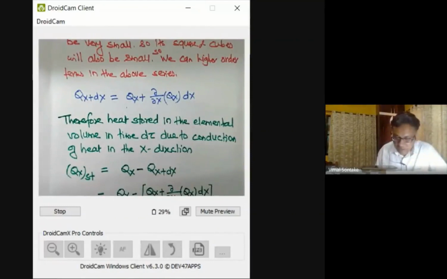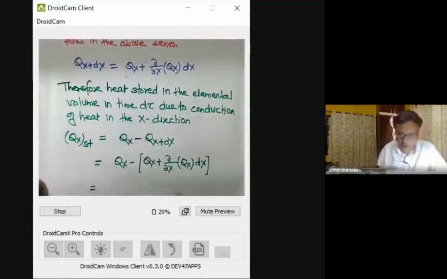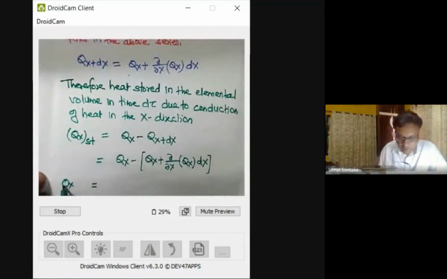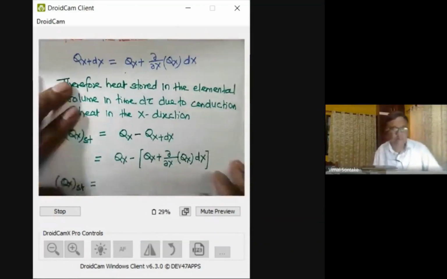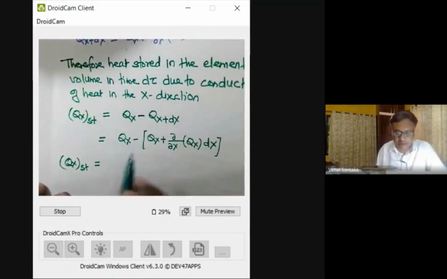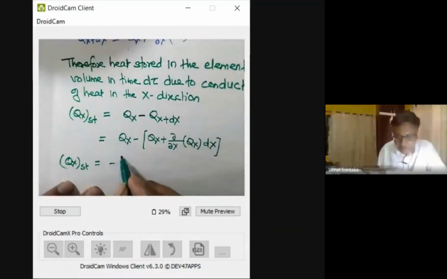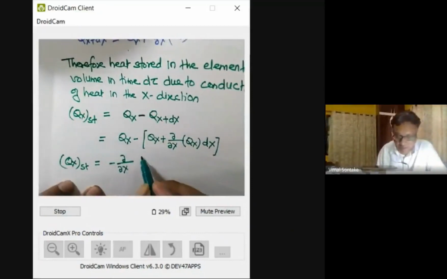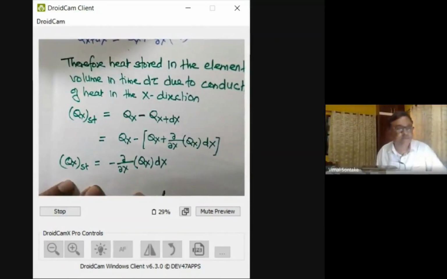Now, as you can see, qx will be cancelled by this qx. So what expression will I get for qx stored? It will be minus del over del x of qx dx. Correct?